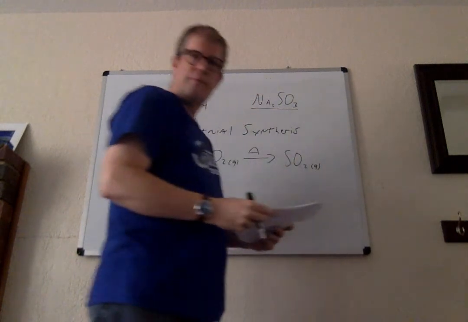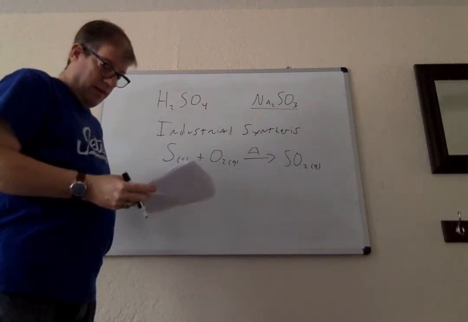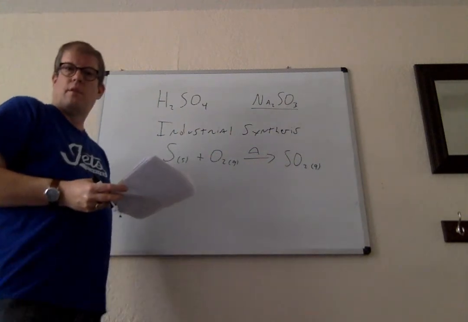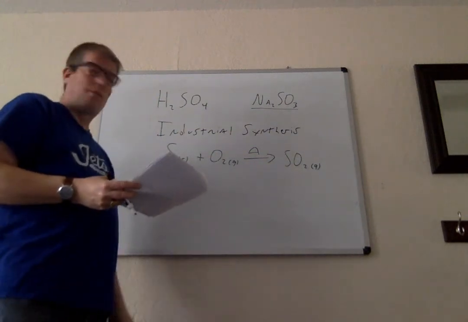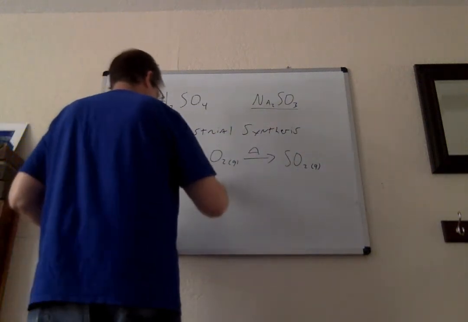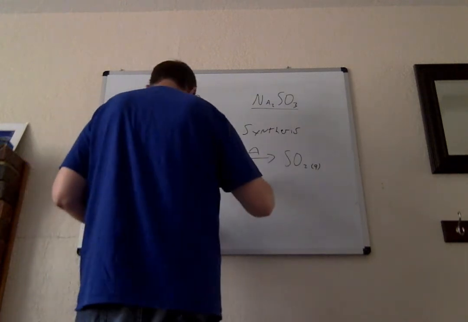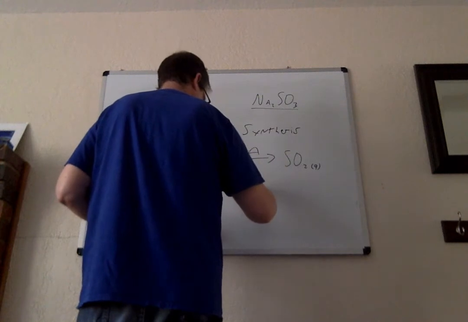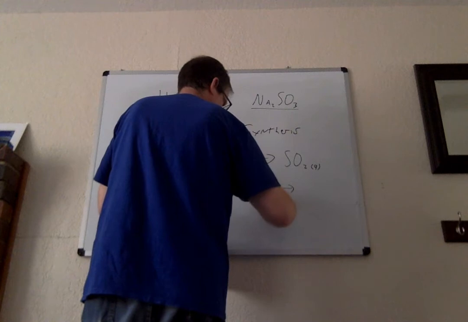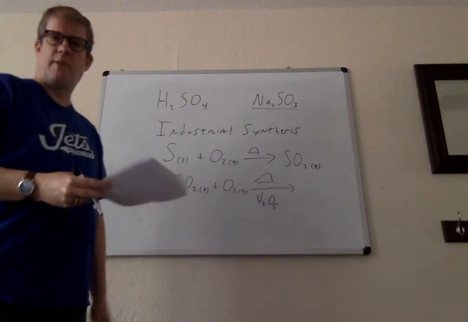You get SO2 gas. Now, the problem here is that it's hard to further oxidize this to SO3. And so to do that, you need a catalyst. So we heat that in the presence of a catalyst, and that happens to be vanadium oxide.